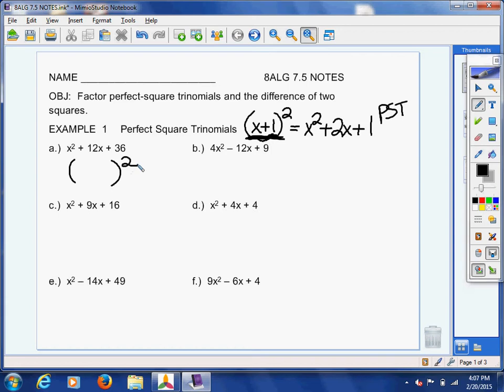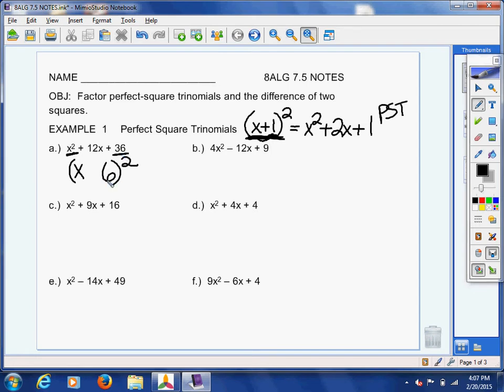So here's how you do it. Once we think we have a perfect square trinomial, you're going to start here with your first term, x squared. What did you square to get x squared? You're right, x. Go to the last number, 36. What did you square to get 36?